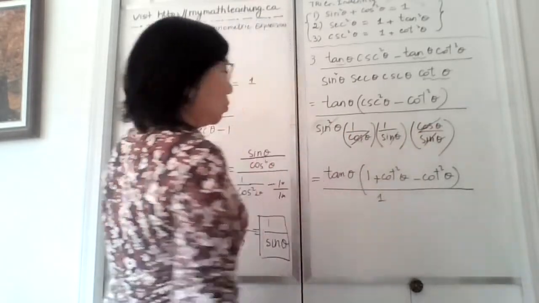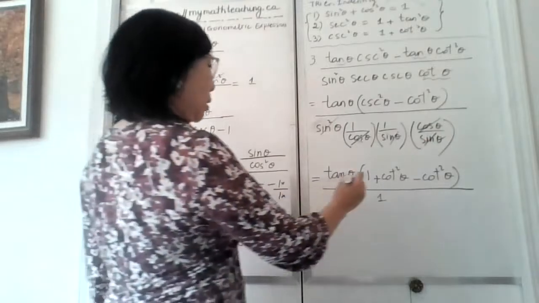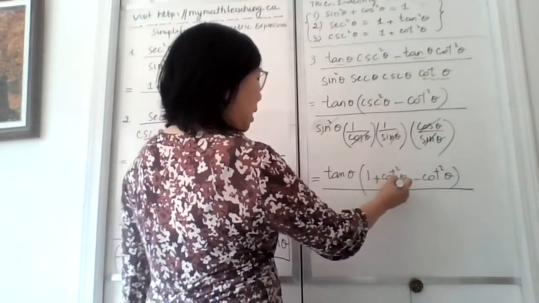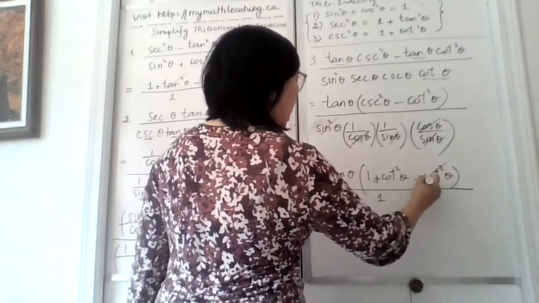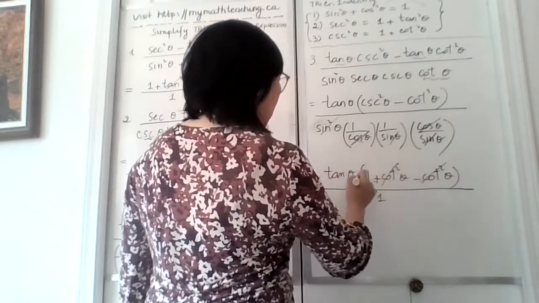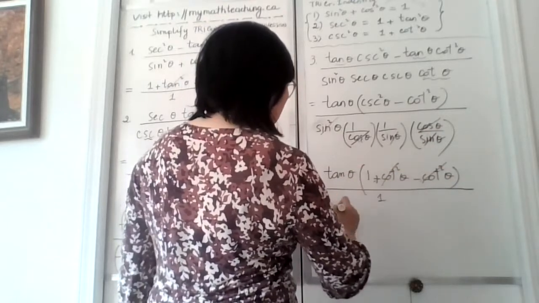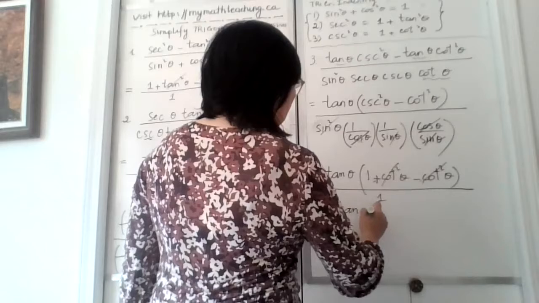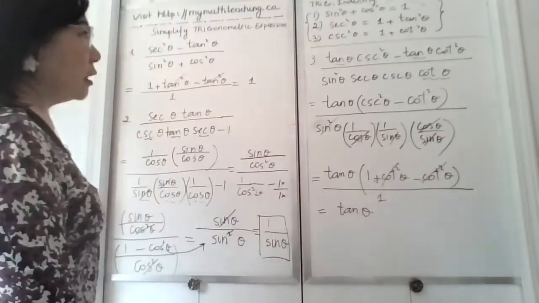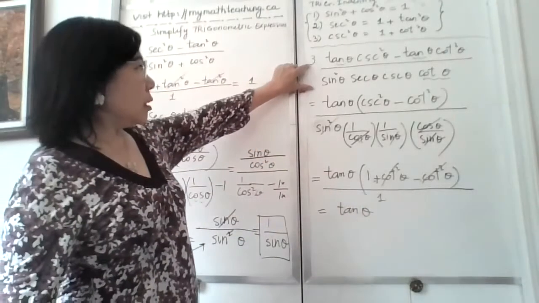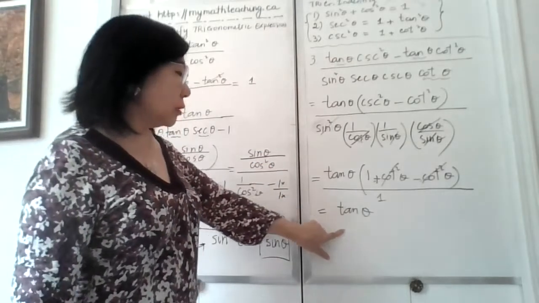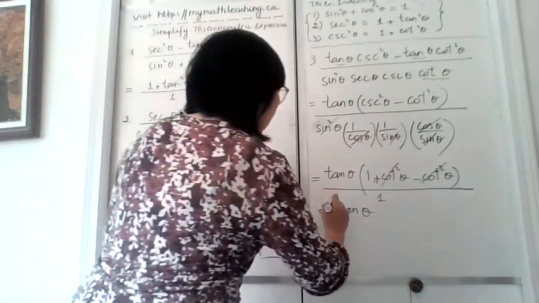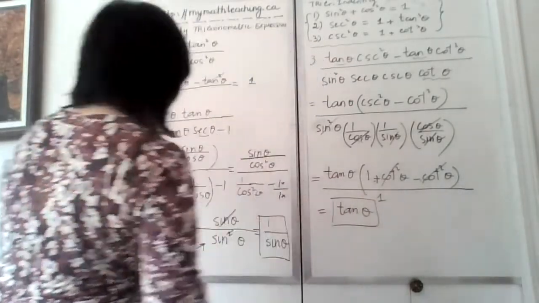We're left with 1 only. So now we know that inside the bracket we have cos square theta plus and this is minus, so that is also gone. And tan theta times 1 is just tan theta. So here you go. It's very clean cut. From here, the complicated expression now becomes only tan theta, which is very nice.